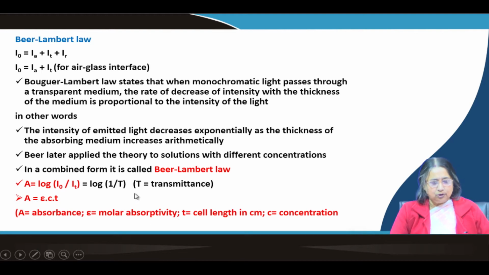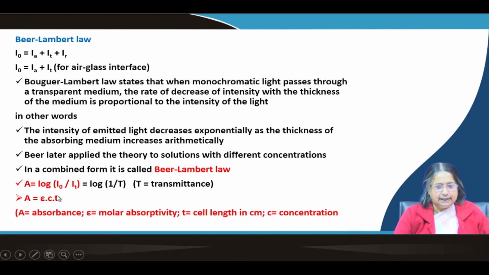Now, in the spectrophotometer we apply this principle, and in most spectrophotometers this T is 1, the cell length, path length, the thickness of the cell that we use. Because it is a linear equation, absorbance value can be related to concentration.